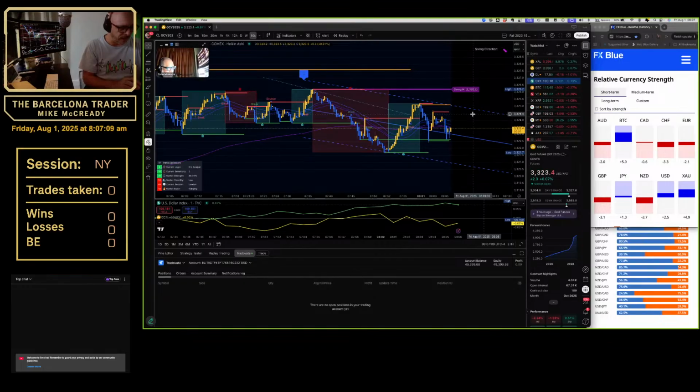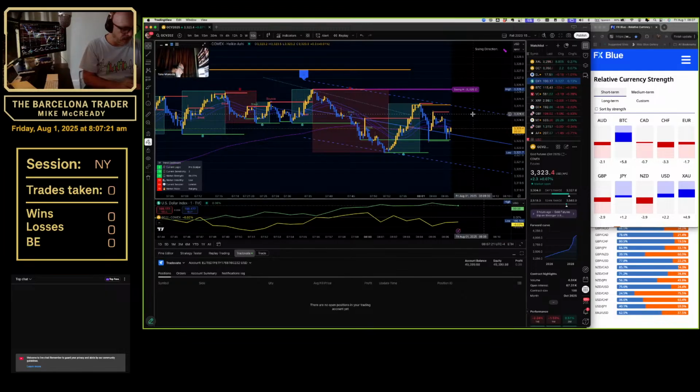Set an alert for 8:29, 8:59, 9:29, 9:59, 10:29, 10:59. These alerts are set so that one minute before important candles drop, we're not talking about something else. We're focused on the chart.